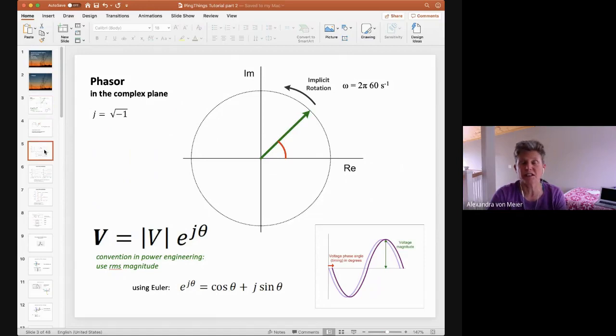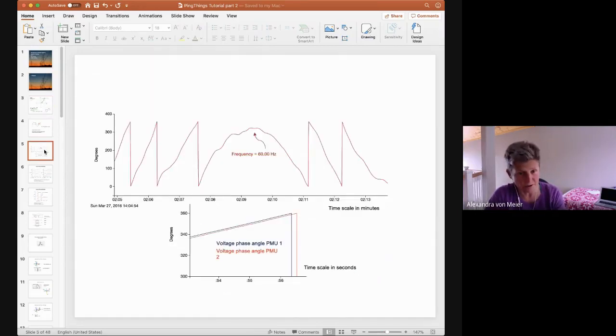Because frequency in the grid is not exactly 60.00 hertz at all times, you will see as an artifact that phase angle increasing or decreasing, depending on whether the frequency is greater than or less than 60 hertz. And it's when the slope is 0, when it's flat on top, that was the moment that the frequency was exactly 60 hertz.